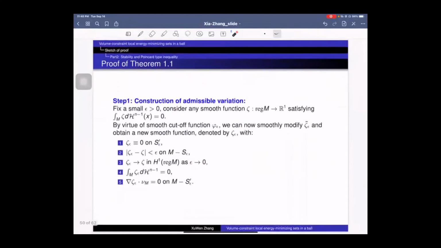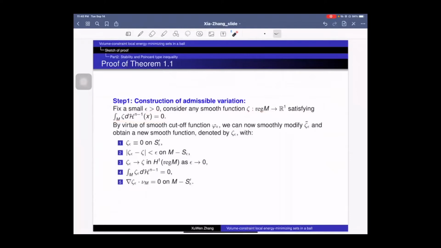First, we should construct some admissible variation. We fix a small constant epsilon, and we consider any smooth function theta defined on the regular part of M, satisfying that the integral of theta over M vanishes.